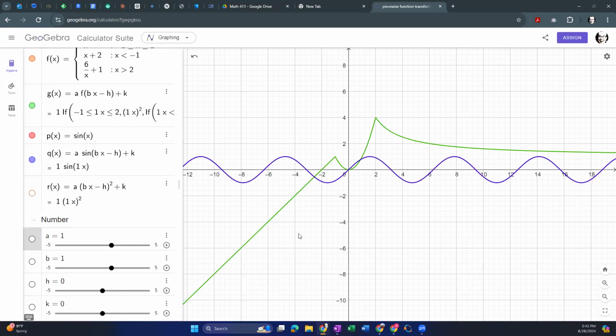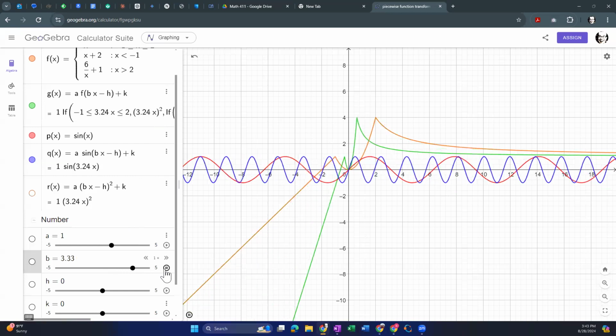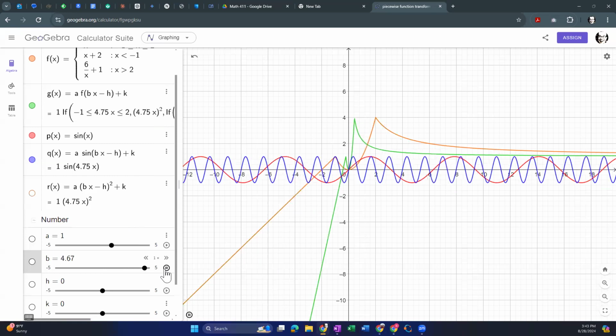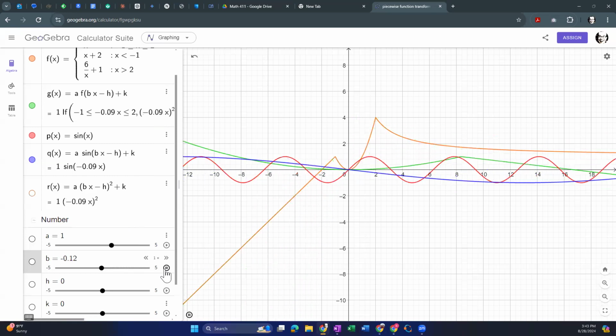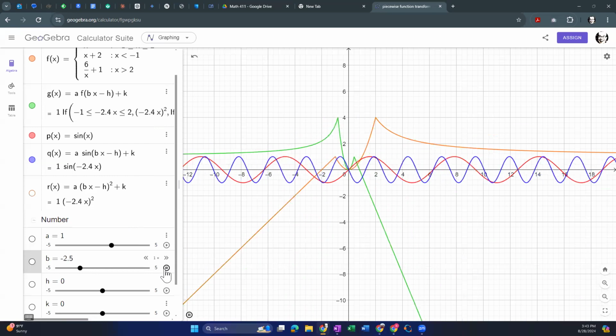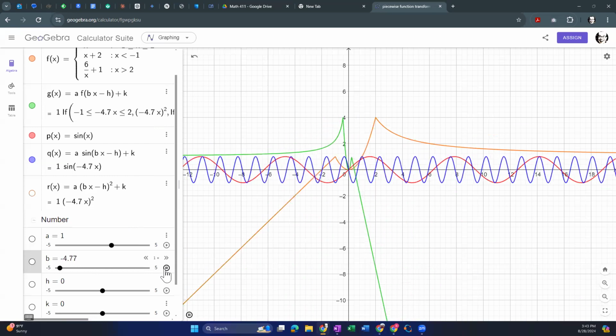Let's stay in GeoGebra for a while. a is multiplying on the outside; b is multiplying on the inside of the function. Let's take a look at what b does. There, b is getting bigger. And what's strange is that bigger values of b feel like a constriction horizontally of the function.